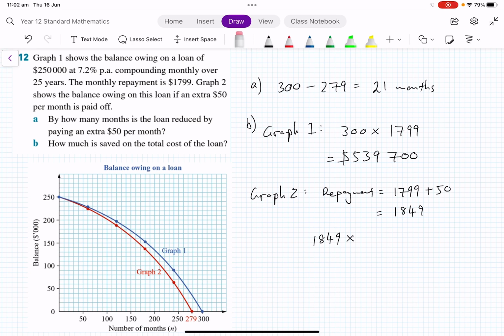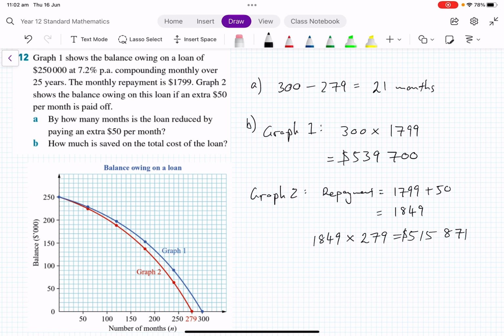It's times 279 months. So 1,849 is my new repayment, times 279 months, is equal to $515,871.